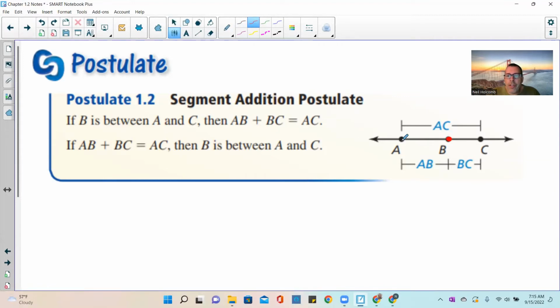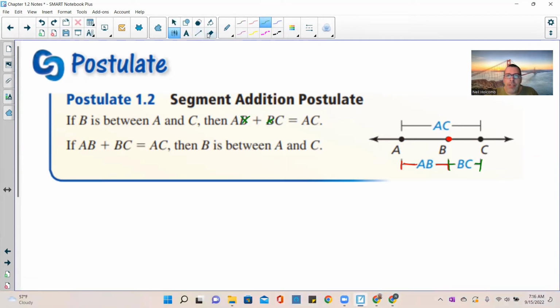We can call the distance from A to B, segment AB, that's right here. And then we can call the other piece from B to C, segment BC. Okay, so when we add these two up, we would say AB plus BC equals, and you ignore the point that's in the middle, and the new name is the whole thing, AC.